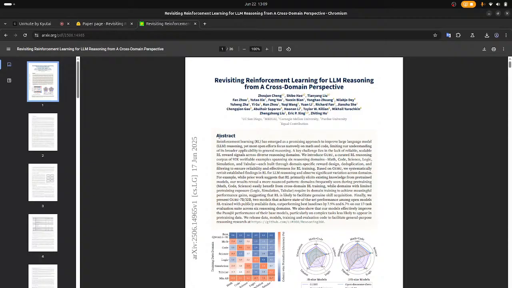We introduce Guru, a curated RL reasoning corpus of 92K verifiable examples spanning 6 reasoning domains: math, code, science, logic, simulation, and tabular. Each built through domain-specific reward design, deduplication, and filtering. Based on Guru, we systematically revisit established findings for reasoning and observe significant variation across domains.